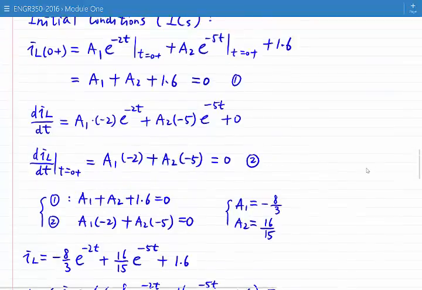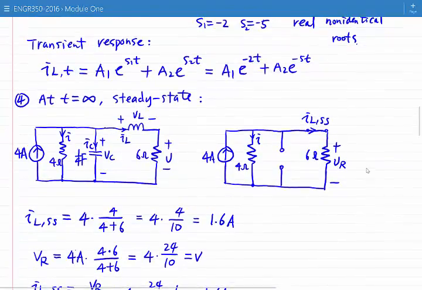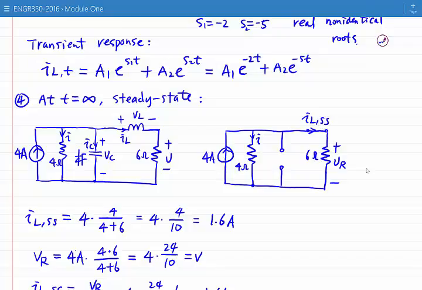It's simple. So let's look at I. How do we solve for I? I is equal to VC divided by 4 ohm, because the capacitor is in parallel with this 4 ohm resistor. So how do we solve for VC?